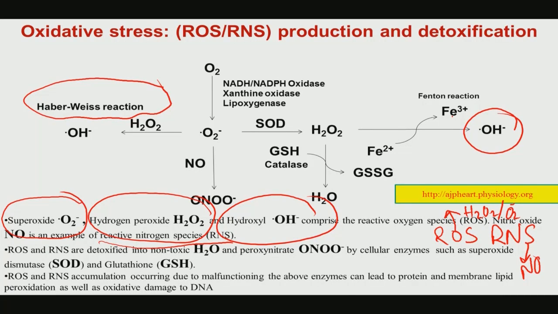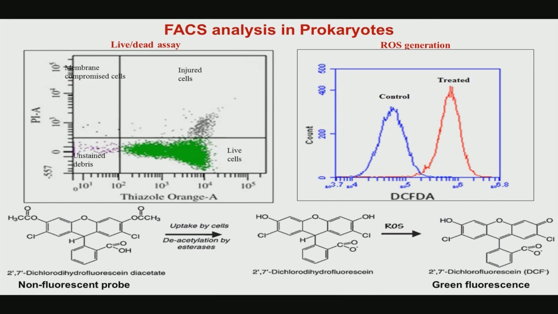So, once you get this reactive oxygen species, the next stage is that you have to quantify it, and you can do that using a fluorescence activated cell sorter.